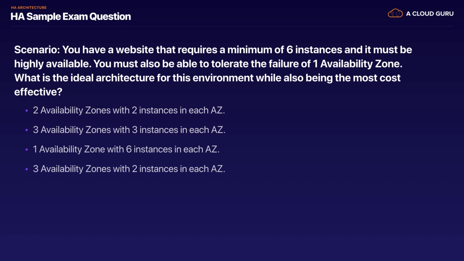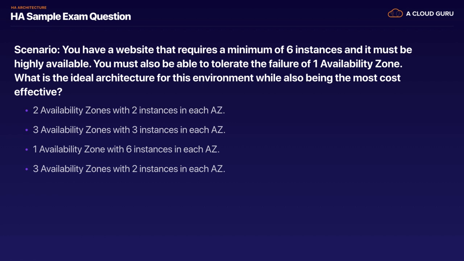Straight away we know one availability zone with 6 instances is going to be wrong, because that's not going to be highly available. If you lose that one availability zone, you're going to lose the entire environment. So you're always going to have more than one AZ. We could start with 2 AZs or 3 AZs. If we had 2 AZs with 2 instances, that's going to be wrong as well, because we're only going to have 4 instances in total, and we require a minimum of 6.